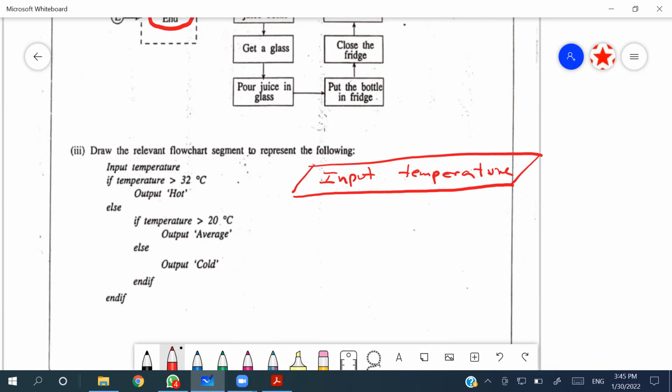There you go. Then the condition is there, it's an if. So the question that you are going to ask is, temperature larger than 32 Celsius?